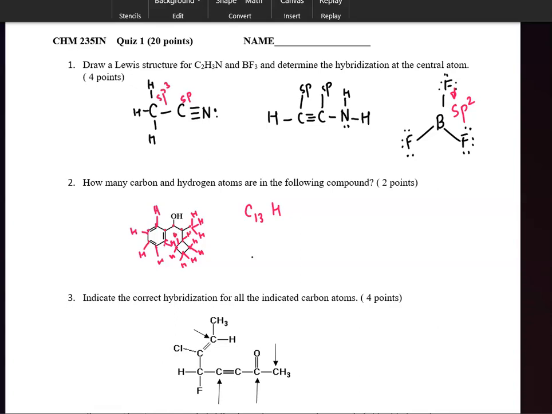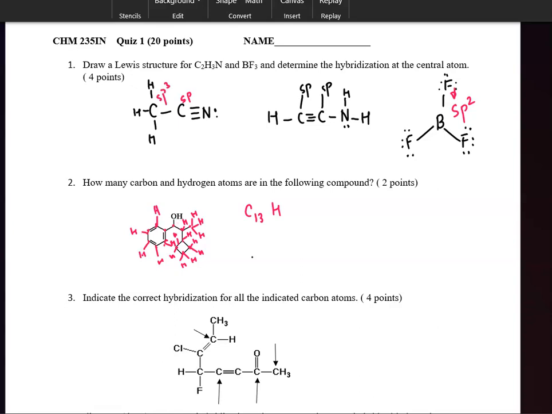And then here we have 1. Okay. So 1, 2, 3, 4, 5, then 6, 7, 8, 9, 10, 11, 12, 13, 14, 15, 16, then there is 1 here, right? That would be 17. So I think I'm missing one. There should be 18 hydrogen atoms.